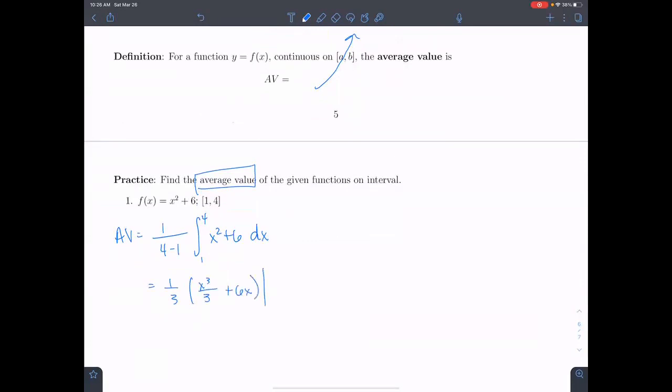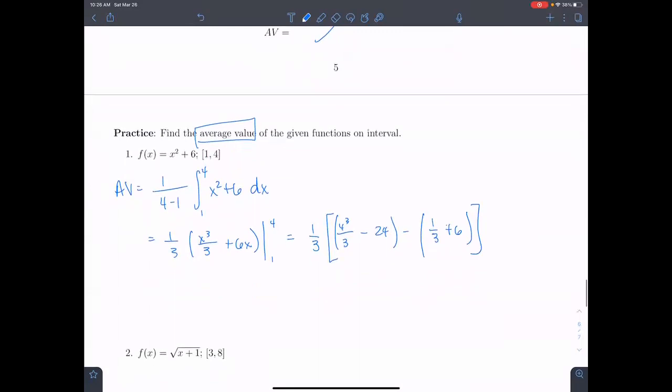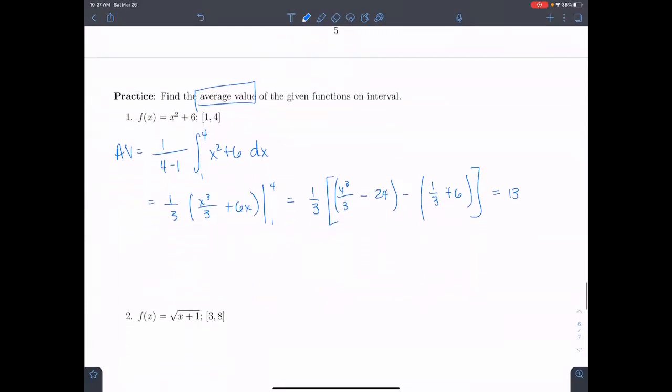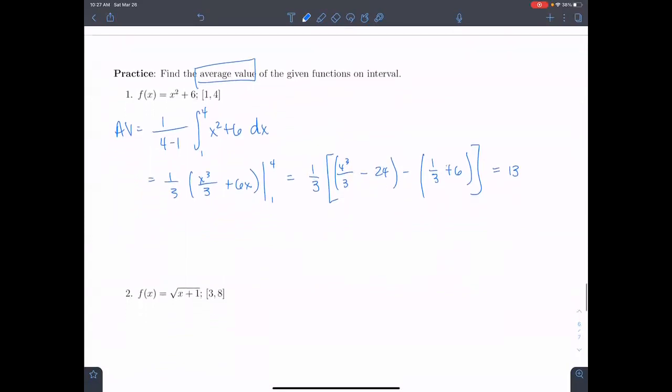And this is going to be evaluated from 1 to 4. Leave that 1/3 on the outside and do 4 cubed over 3 minus 24, 6 times 4, minus 1/3 plus 6. This gives you 13. All right. Do that in a calculator and make sure that I am right about that, but I'm pretty sure I am.